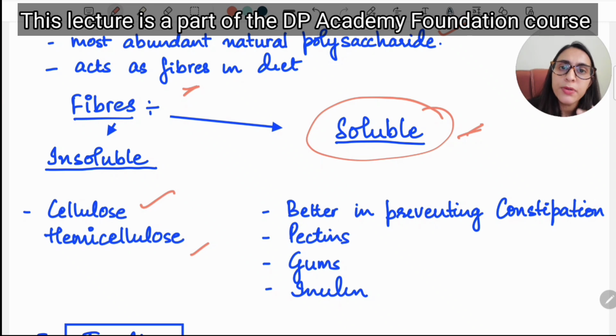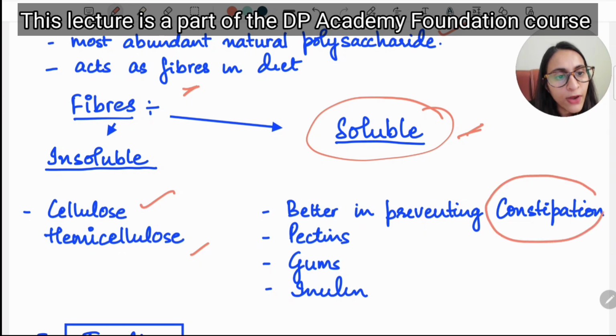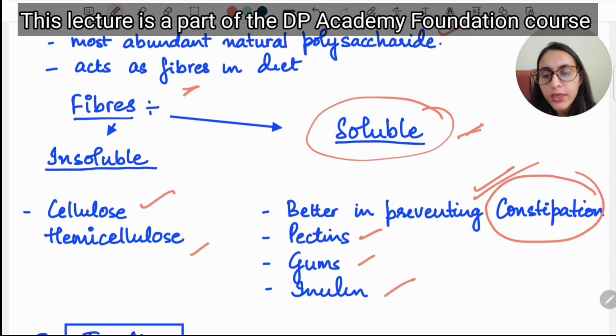If a person has constipation, that is, very hard stool, soluble fiber absorbs water from the intestine and makes the stool gel-like, so the person can easily pass the stool. That is why soluble fibers are used in treating constipation. Examples of soluble fibers are pectins, gum, and inulin.